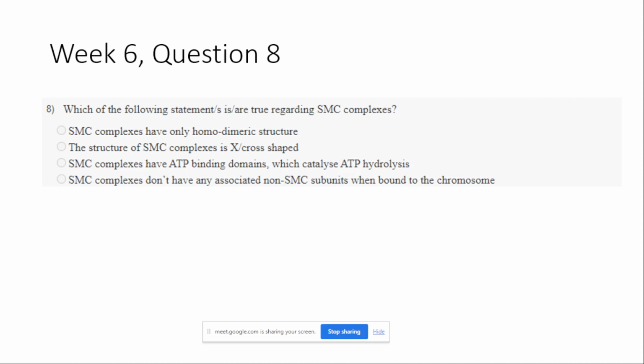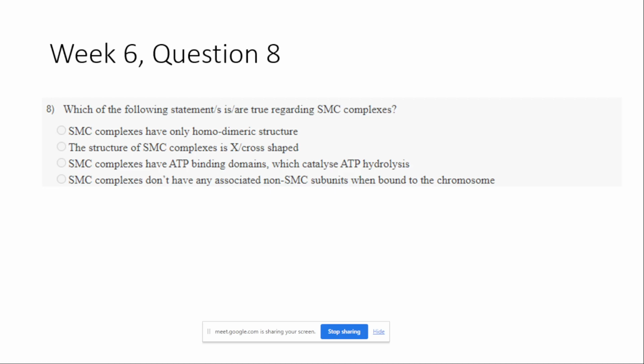And the second thing is they are not homodimeric, because all the proteins which form the SMC complexes, all of the proteins known so far, are all different. That's why they are not homo and they do not have a dimeric structure. There are more than two proteins involved, so that is not the true option.